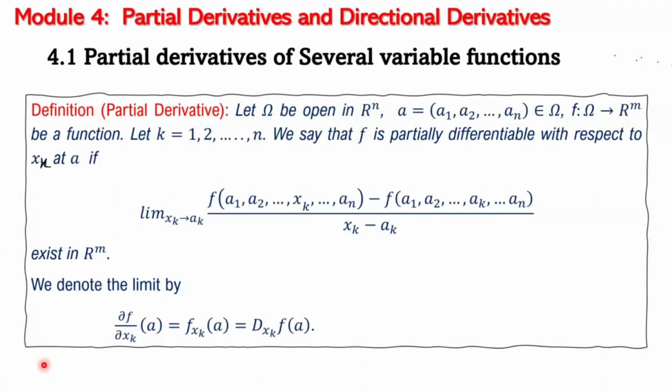We denote this limit by del f del xk at the point a, or f suffix xk at the point a, and in some cases also dxk f(a). Different books or manuals have different notation.